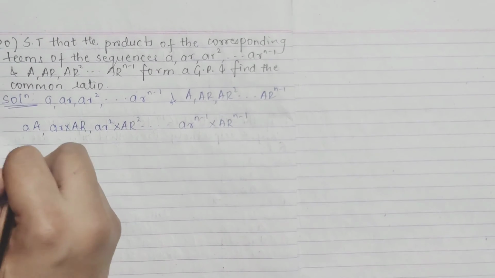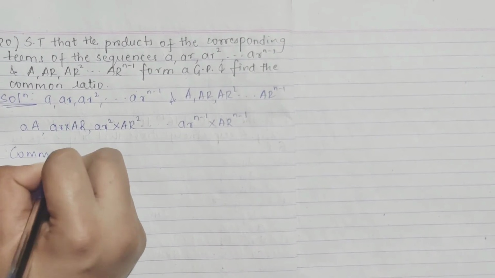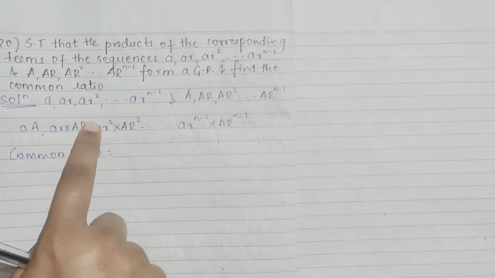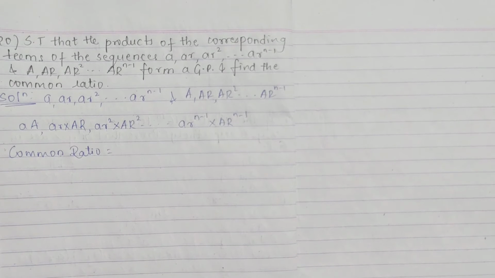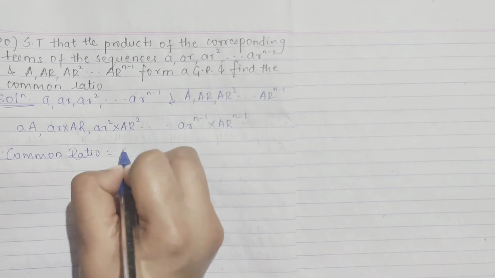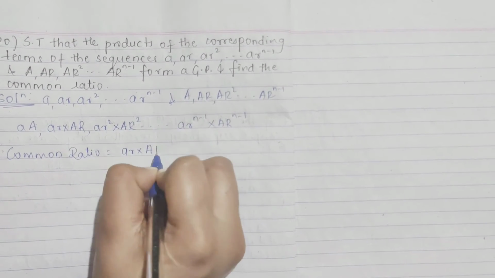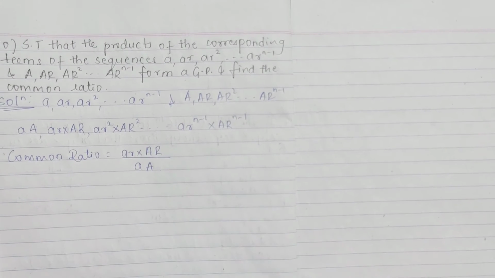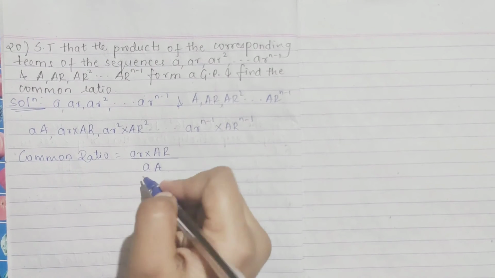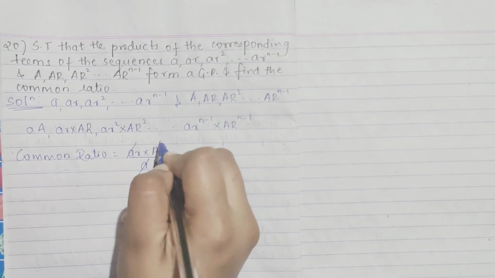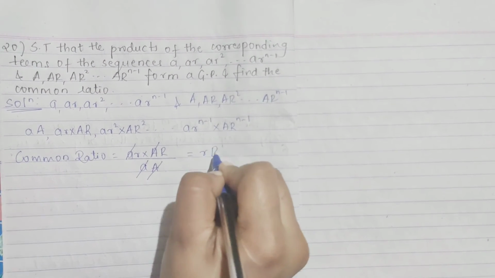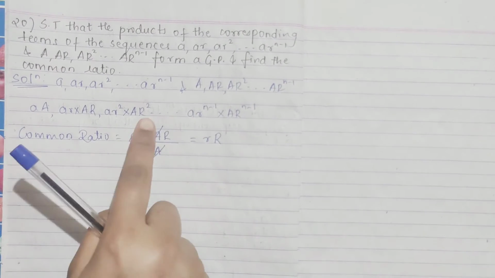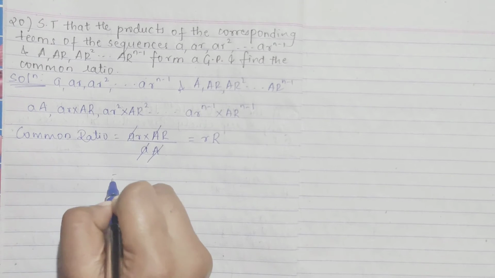Now we will find our common ratio. Second term divided by first term, right? Common ratio we find by division. So it will be AR into capital AR whole divided by A into capital A. You can see small a gets cancelled, capital A gets cancelled. So you are having R into capital R. If you are not sure, third term with your second term also, you can just try and see.